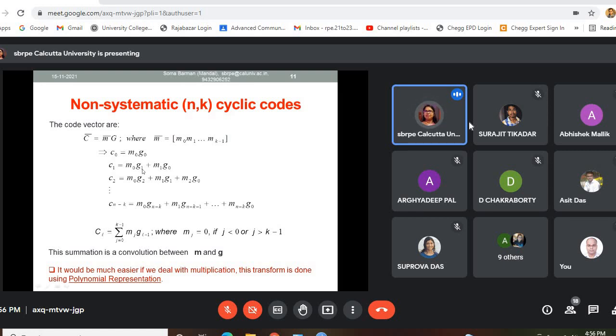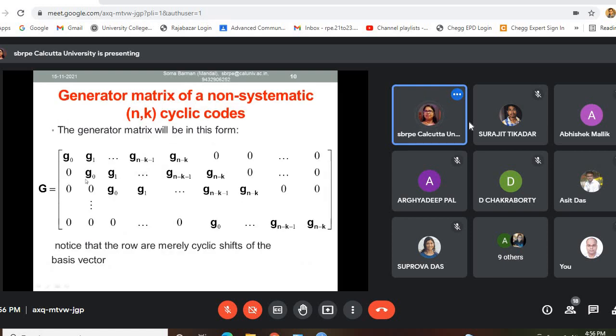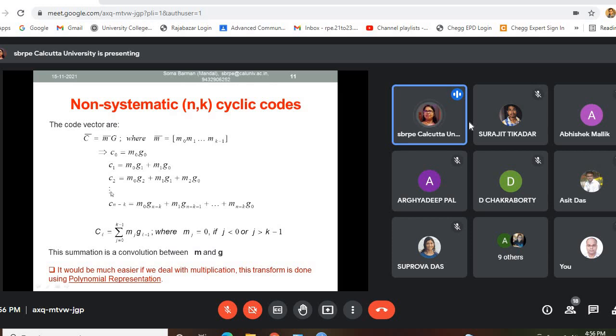This way, C(n-k) is generated by M0 G(n-k), M1 G(n-k-1), and so on up to M(n-k) G0.